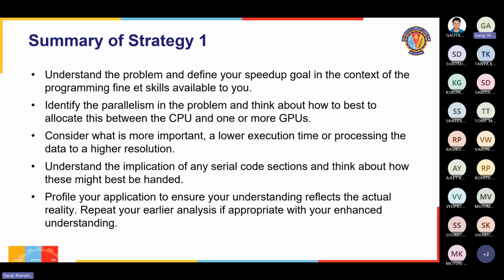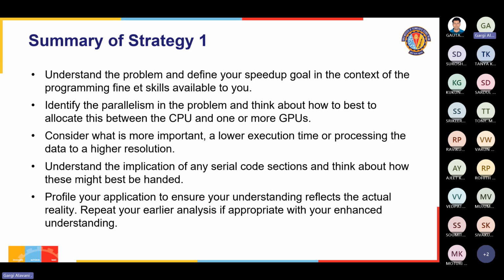So in this strategy, what is important is to understand the problem and define what you want to achieve in terms of speedup for this particular problem, how much programming skill you have, and how much you can afford to utilize for your particular problem.